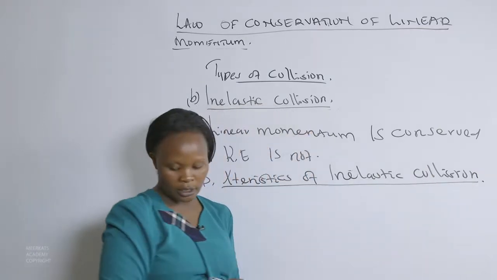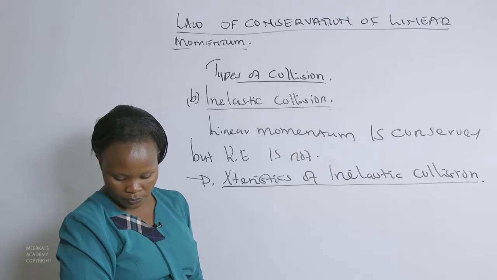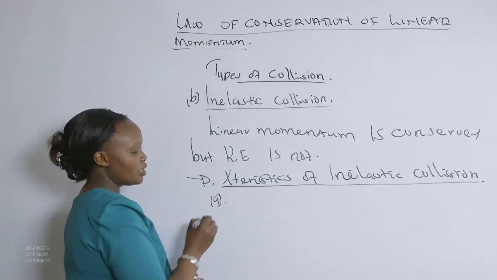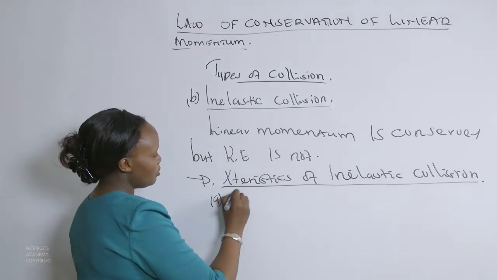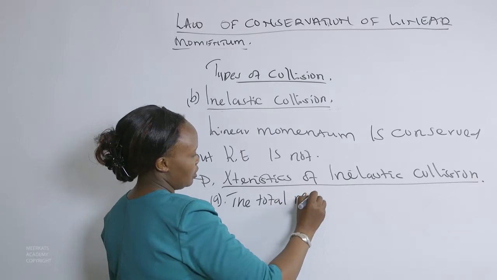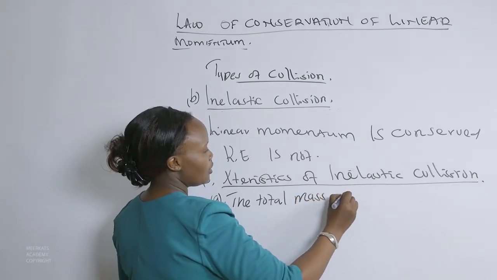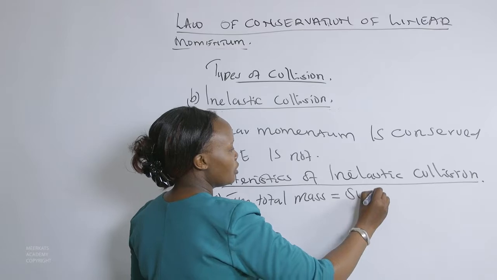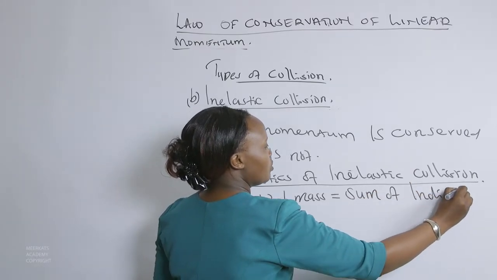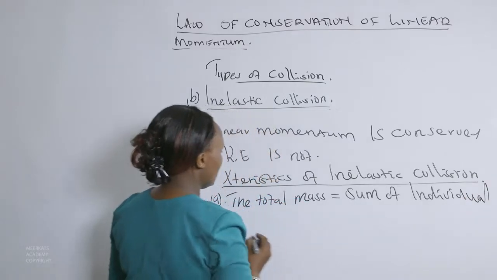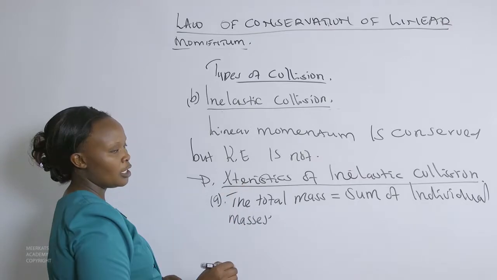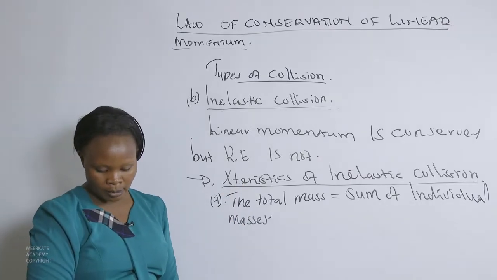Characteristics of inelastic collision. Now that bodies are fusing, the total mass is given by the sum of individual masses. That is characteristic number 1.